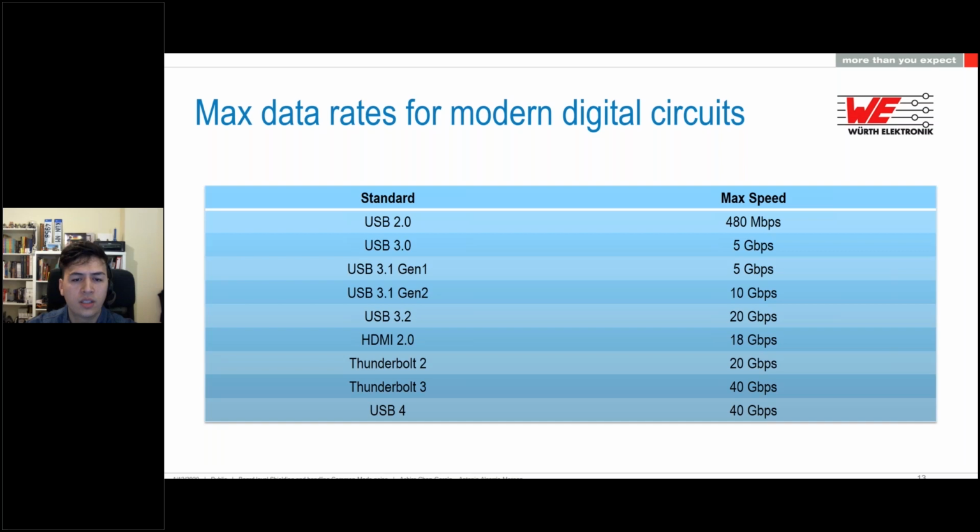As you can see, from USB 2.0 up to USB 4, the speed is increasing, and with this increased speed, as I said, we have different noise problems that we need to filter. And we realized that with the ferrite, it's a really nice solution, but for really high speed interfaces, we needed a different solution.